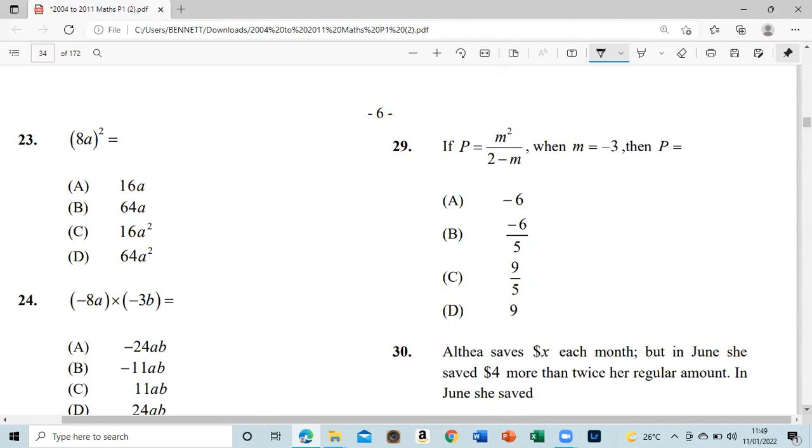What will be the answer for that? 8a bracket squared, so it's 8a times 8b.